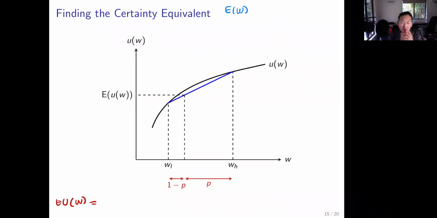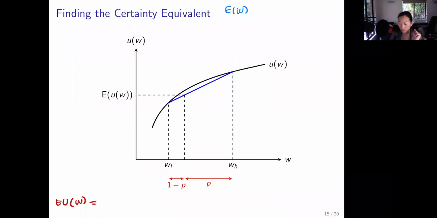I think the majority of the students may have a hard time understanding this diagram or this illustration. Since we are dealing with uncertainty, let's say that we have only two possible outcomes, two possible events: low event or high event.